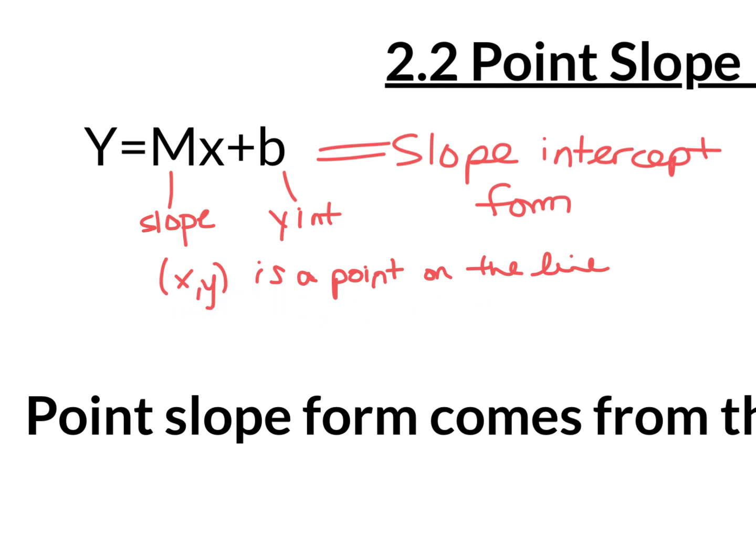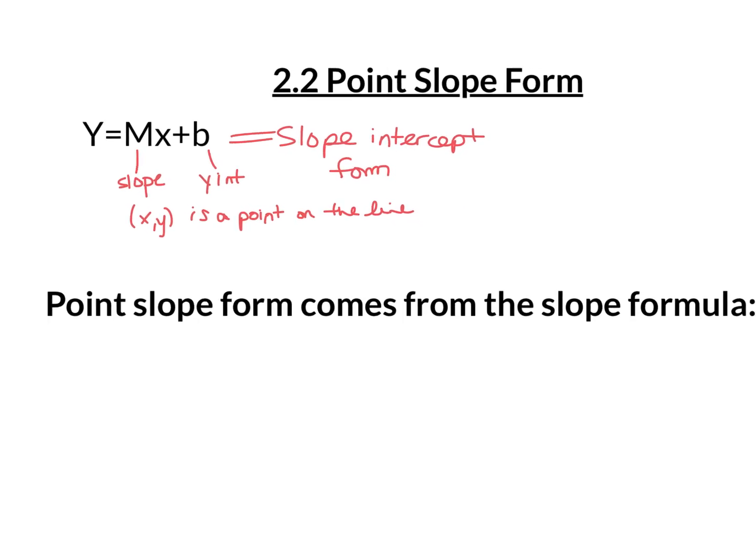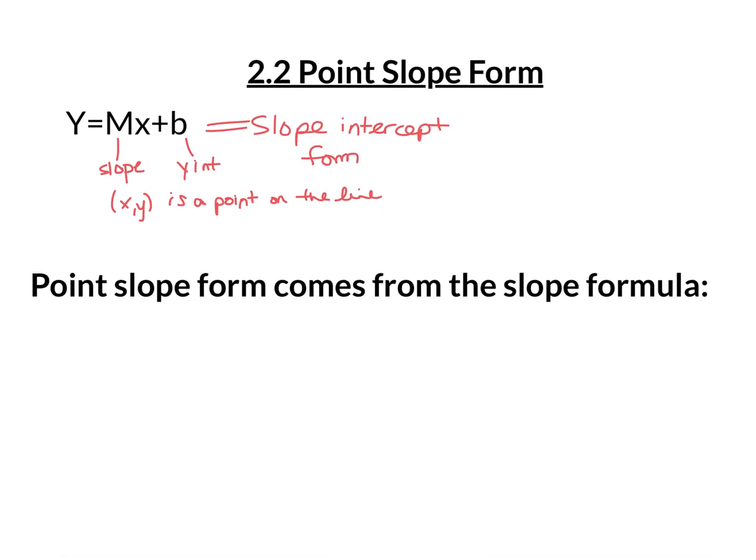All right, so let's talk about point-slope form, which looks a little bit different, and it comes from the slope formula. So I'm going to start by writing out our slope formula. That is m equals y2 minus y1 over x2 minus x1. If I were to solve this to make it not a fraction, I could multiply both sides by x2 minus x1.